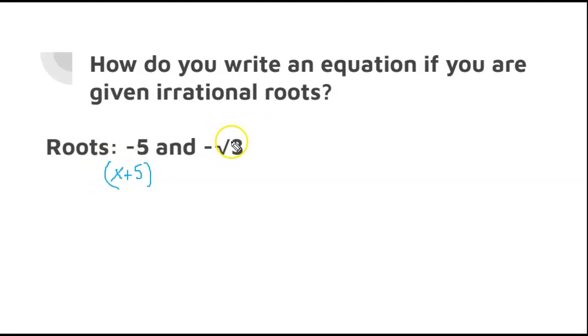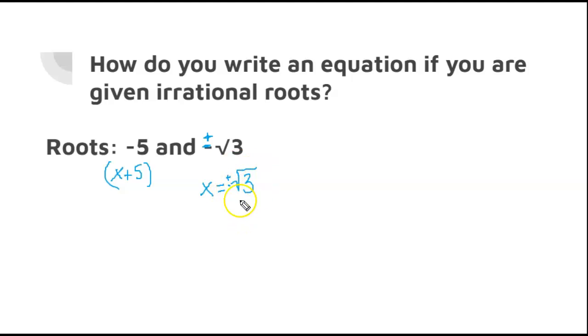But this is negative square root of 3. I know it wouldn't have just been negative square root of 3. It must have been plus or minus the square root of 3, because that square root would have had a plus or minus in front of it. So it is both of them. And just like yesterday, we want to remember that x equals plus or minus the square root of 3.